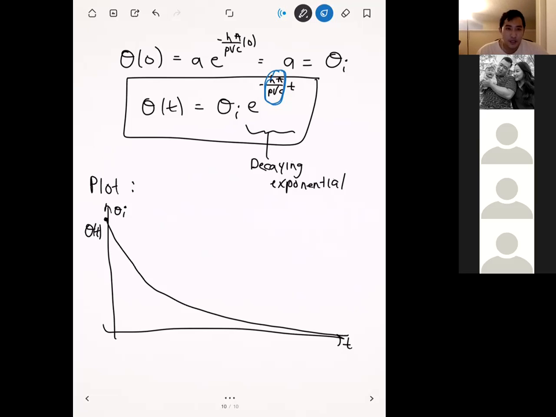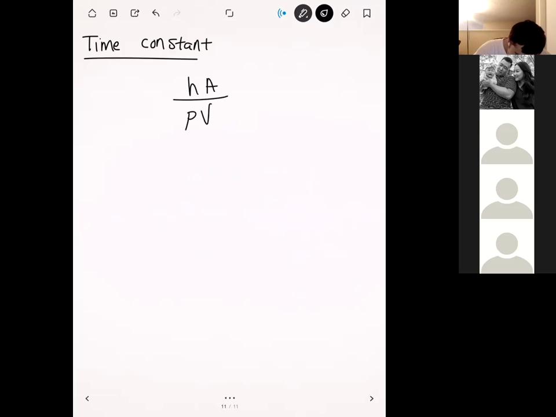So let's look at each of these individually and talk about how they affect the time evolution of temperature. The term that's usually given to this is the time constant. Let me write it again right here. So we have h times a divided by rho VC.